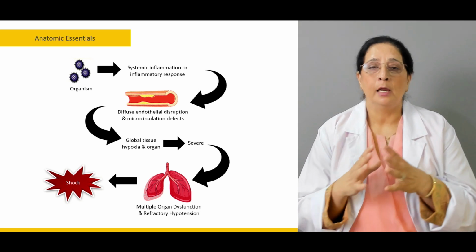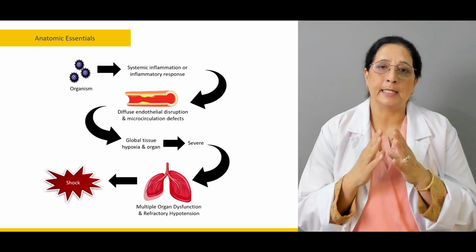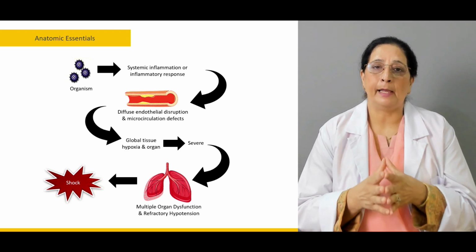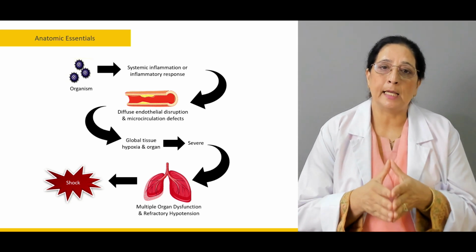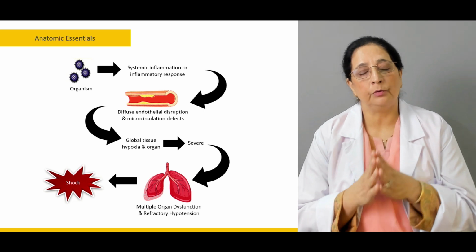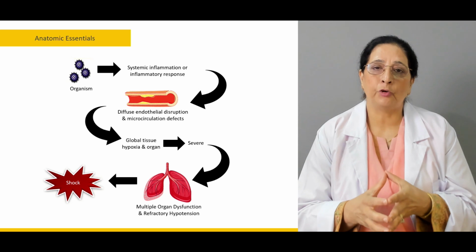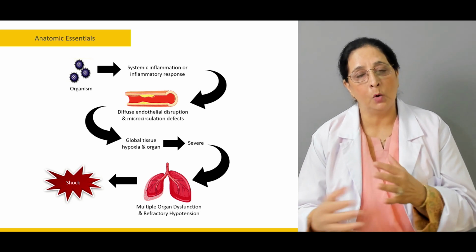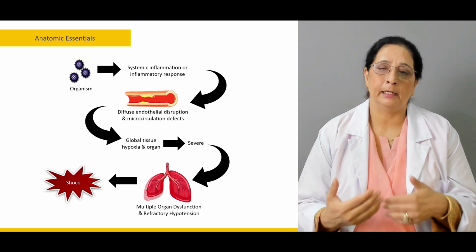Now, if I summarize it, the microbes attack the epithelial barrier and enter the body, where the white blood cells, macrophages and neutrophils try to fight that infection. If the fight is strong enough, it's just a local infection and it's diffused.